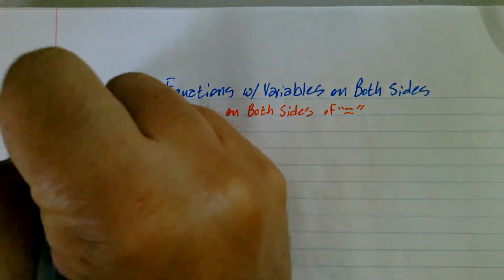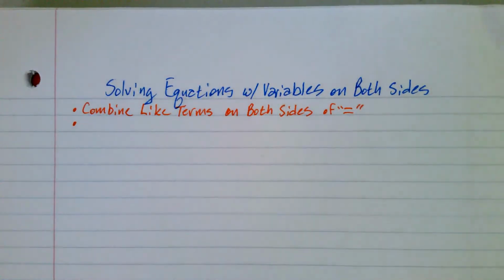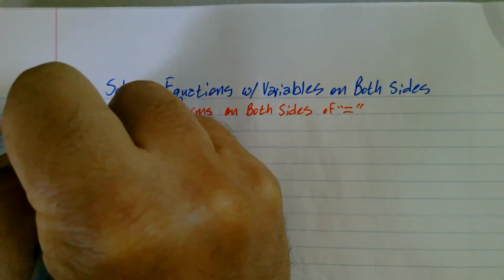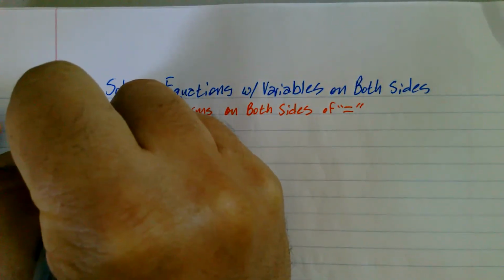And then we're going to eliminate the variable on one side of the equal sign.